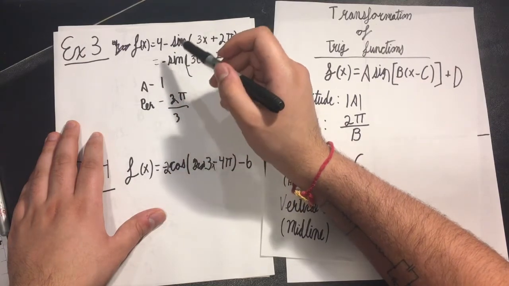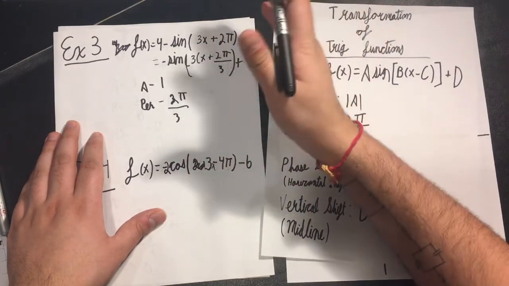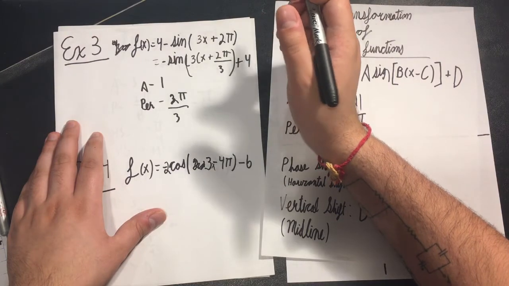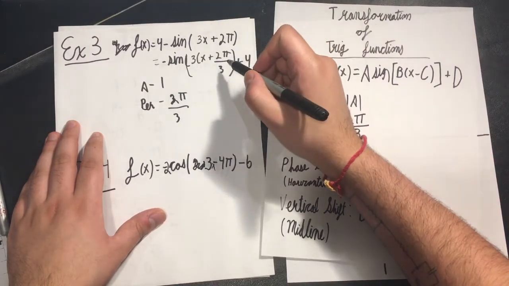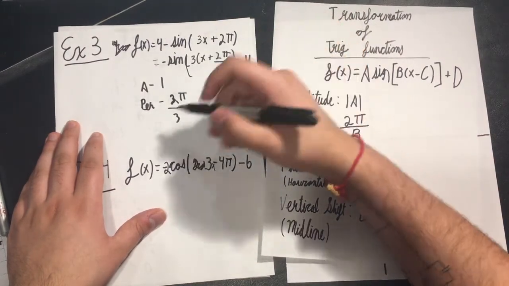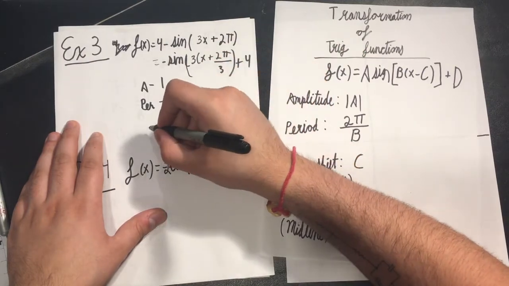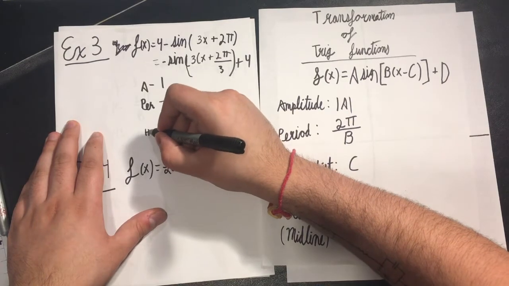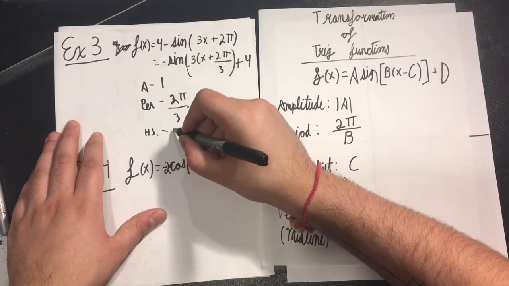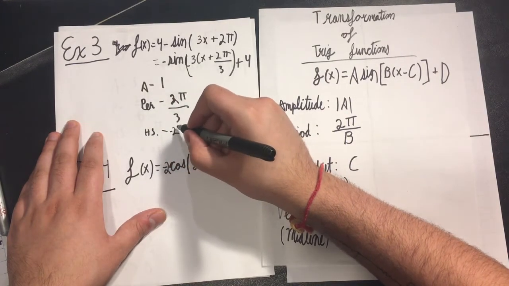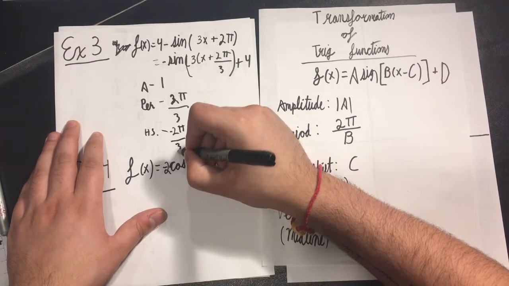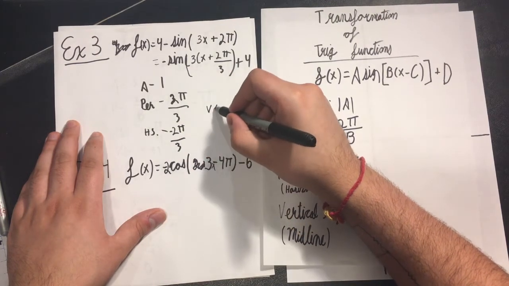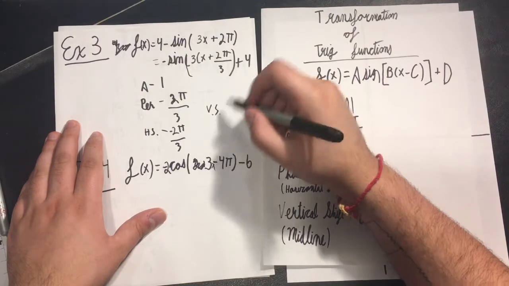And now we look for our horizontal shift, which also coincidentally happens to be 2 pi over 3, negative 2 pi over 3, right, based off our c component. And now our vertical shift, our new midline, is just positive 4.